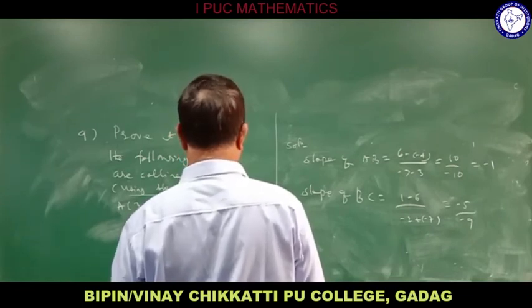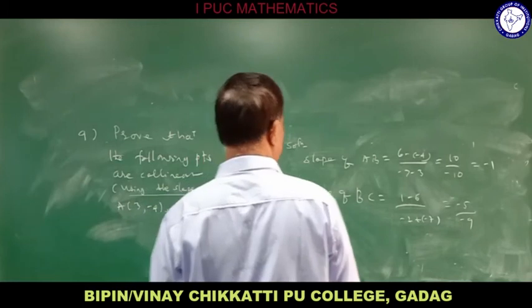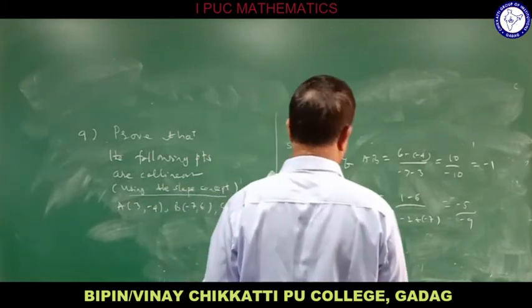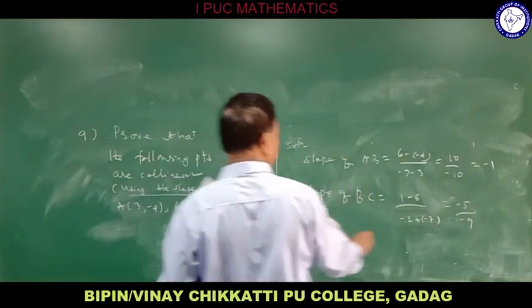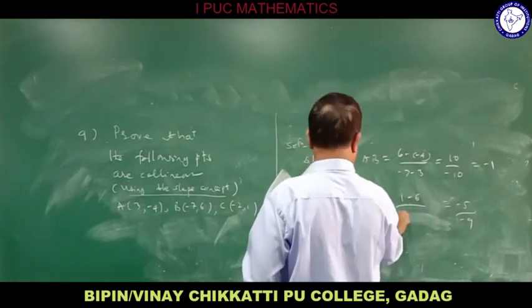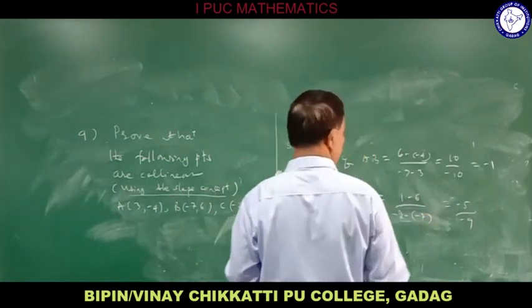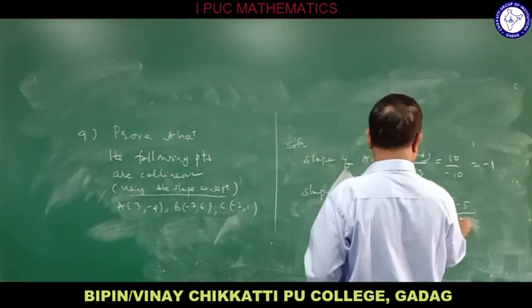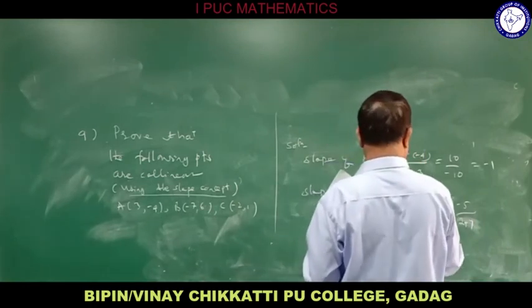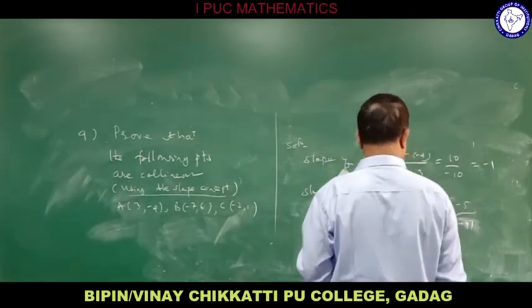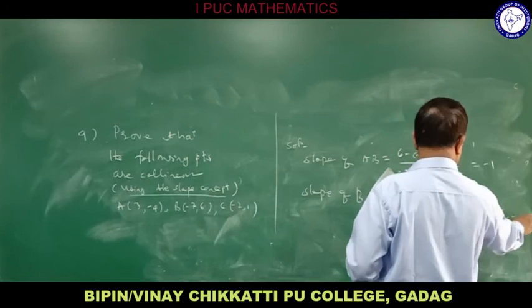For BC, 1 minus 6 is minus 5, and minus 2 minus of minus 7 is minus 2 plus 7, which is 5. So the slope is minus 5 by 5, which is minus 1.